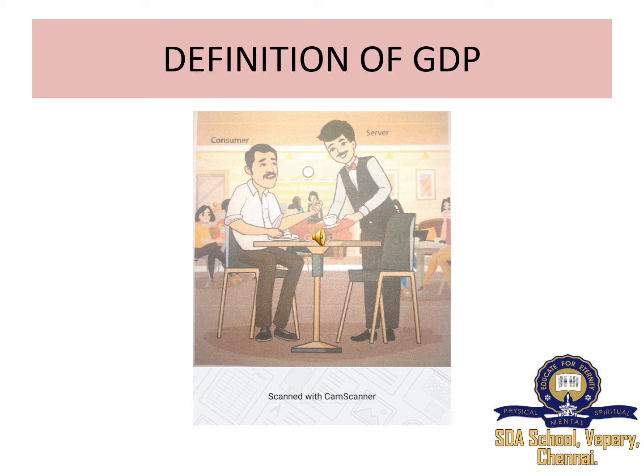Someone else serves you. An economist will say that in the hotel 2 kinds of items are being produced. Obviously idlis and tea are produced. These are tangible, physical things you can touch and feel. Tangible means things you can touch and feel.